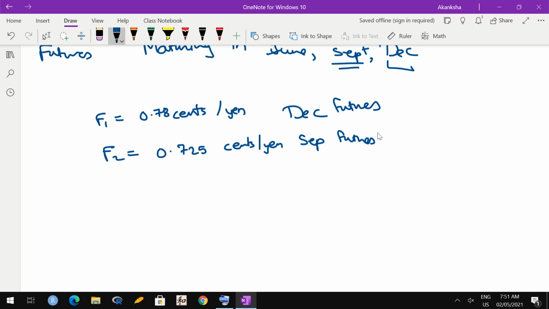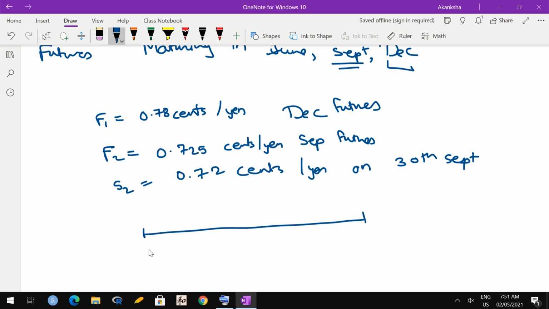September futures are also going to mature in December. And the spot price on 30th September is suppose 0.72 cents per yen. So these are the things we need, right? S2, F1, F2. So what is the transaction that they are going to do exactly? Let me revise. This is 0, this is capital T. This is December and this is 30th September.